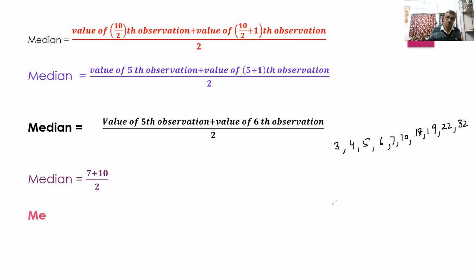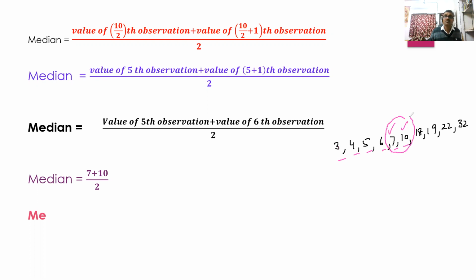These are the observations given. Now count the fifth and sixth term: first, second, third, fourth, fifth. Fifth is this 7 and sixth is 10.